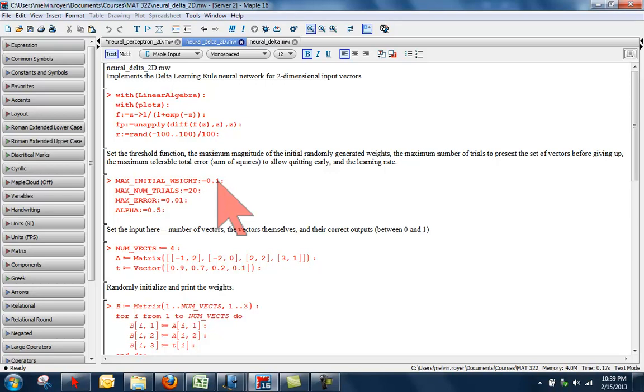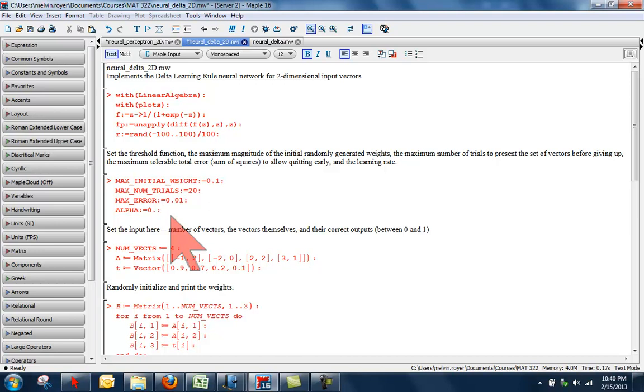You get the chance to set a maximum number of trials. Again, you don't want to let this thing go forever and get in an infinite loop, so this is telling how many times it should learn before it gives up. Here is the maximum error allowed. This is the epsilon that we were talking about. Here is a learning rate, 0.5 or something maybe smaller than that.